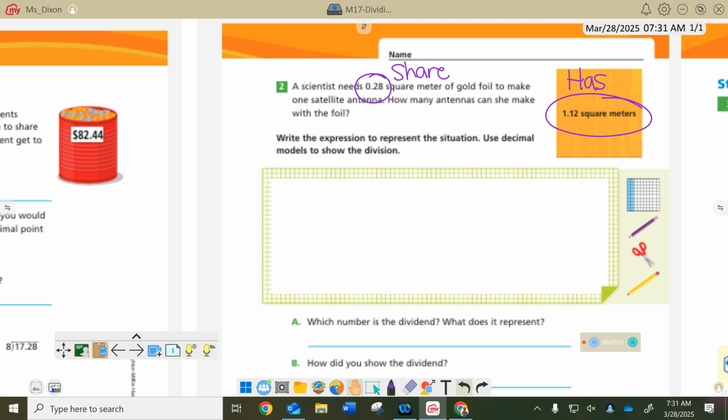So let's write our expression. So what she has is 1 and 12 square meters. That's going to be your dividend. And how she shares it is 2,800 square meters. That's going to be your divisor.